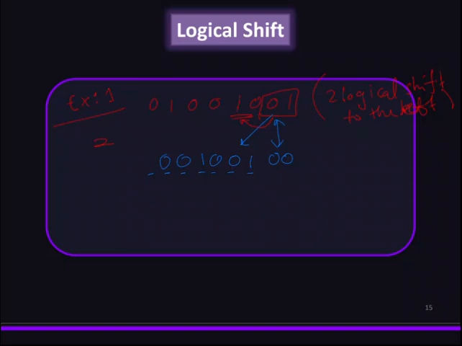Next zero, this, then this, and over here as there are two numbers, we are not going to put another two numbers because it's no longer needed. So these are the numbers. So this is the logical shift.